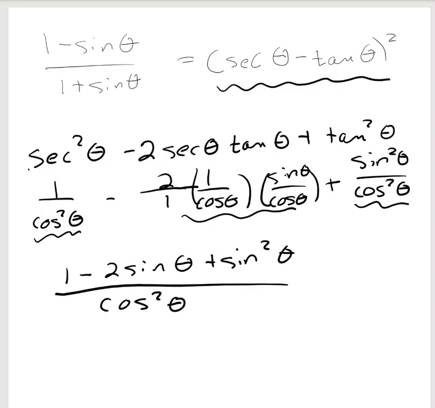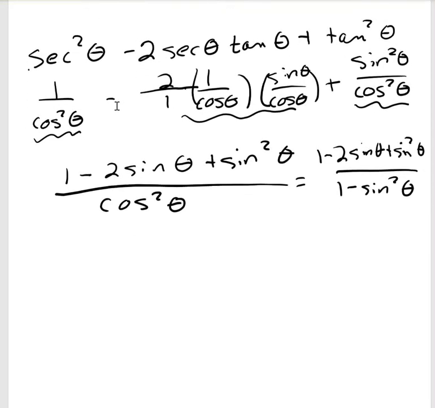The end of the problem wants to be in sine, so let's take this cosine squared and change it into 1 minus sine squared. So I have (1 minus 2 sine theta plus sine squared) over (1 minus sine squared). Now everything's in sine, so that's part 1 of getting this to be what we want it to be. Then I think, well, I could factor it. So 1 minus 2 sine theta plus sine squared theta is really (1 minus sine theta) times (1 minus sine theta).